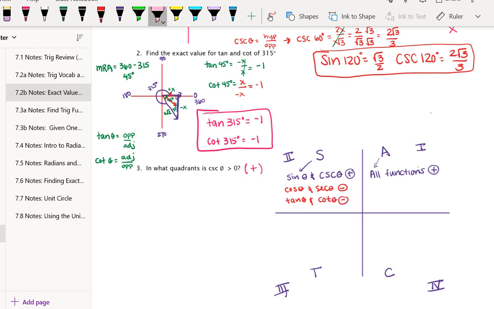So the S means sine is positive, and the A means all are positive.